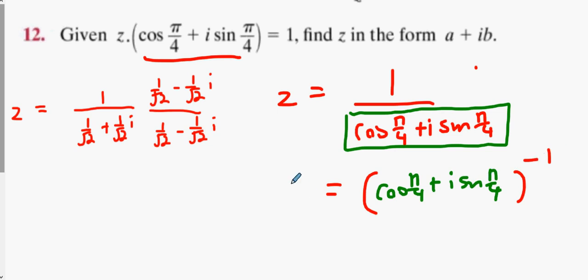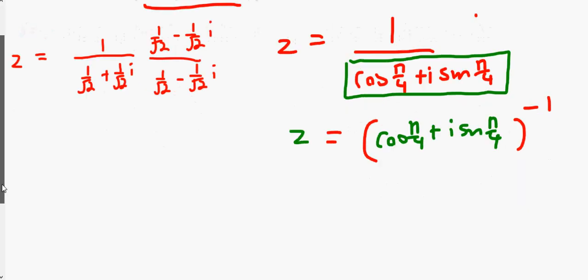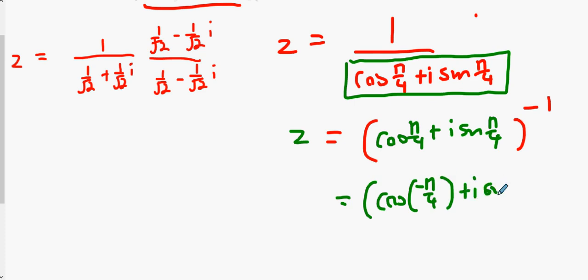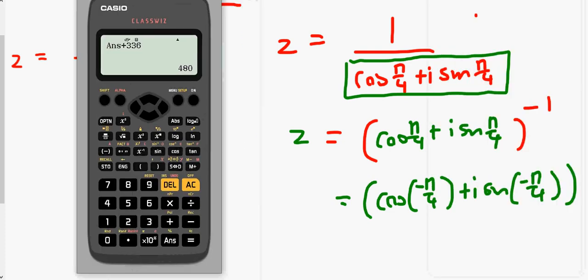Okay? And what I'm going to do, as Jamie was thinking, is just multiply the power by the angle, and this time we're going to get a negative angle, so it's cos minus pi over 4 plus I sine minus pi over 4. Close that. Go to my calculator. Make sure she's in radians.